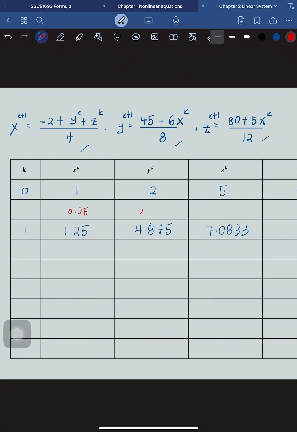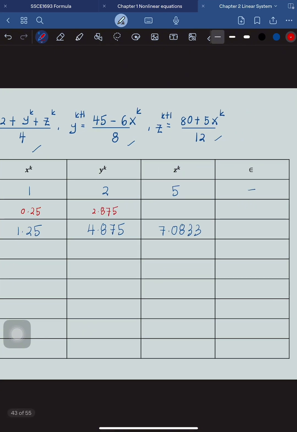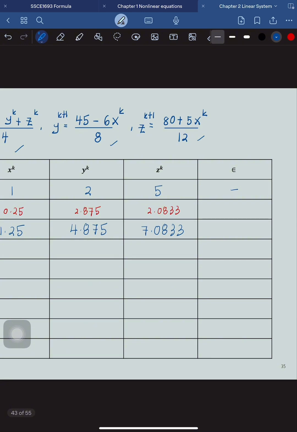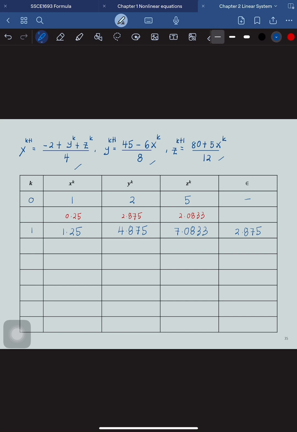Then for y, 4.875 minus 5, and for z, 7.0833 minus 5, which gives 2.0833. So the maximum is 2.0833. The stopping criteria must be less than 0.5, so no choice, you have to continue.